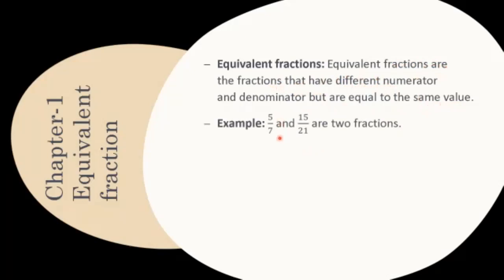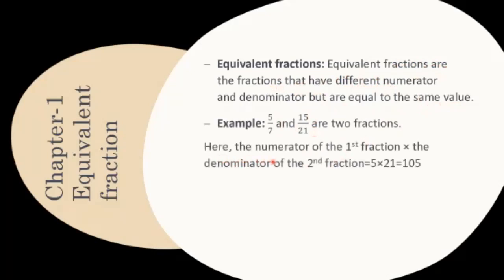5 divided by 7 and 15 divided by 21 are two fractions. Here the numerator of the first fraction multiplied by the denominator of the second fraction: 5 multiplied by 21 is 105.